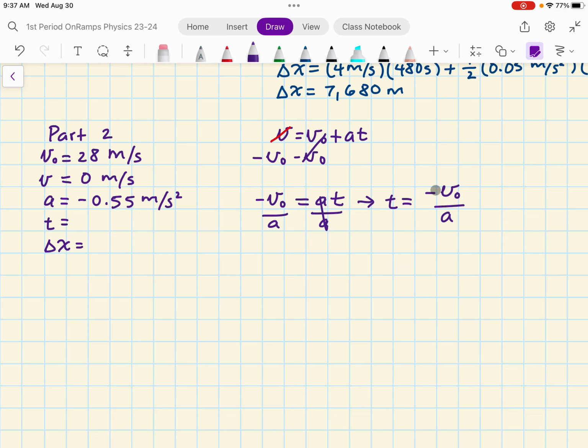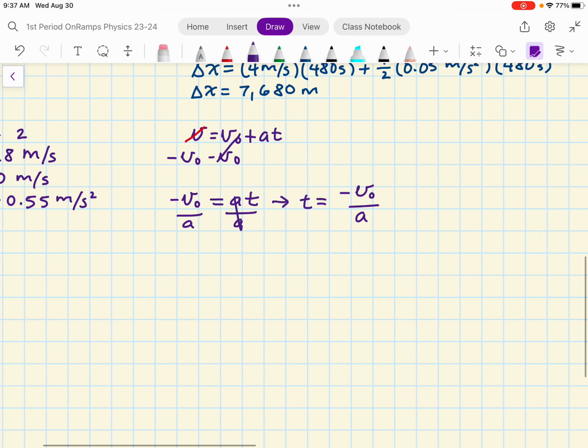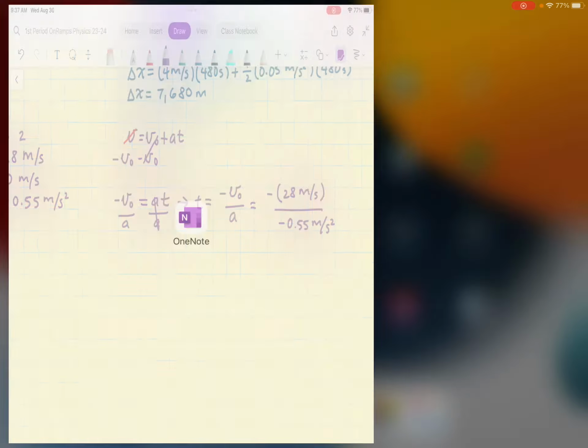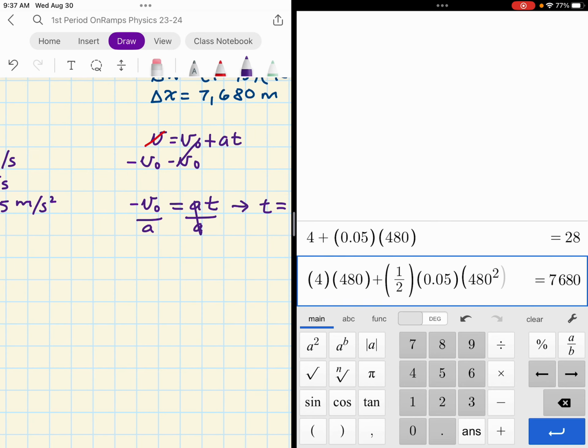And I know this negative might look strange. However, our acceleration is negative. And that makes sense because we cannot have negative time, okay? There's no negative time. So then we'll plug in the numbers. So we have negative 28 meters per second divided by negative 0.55 meters per second squared. Let's go again. Let's use decimals.